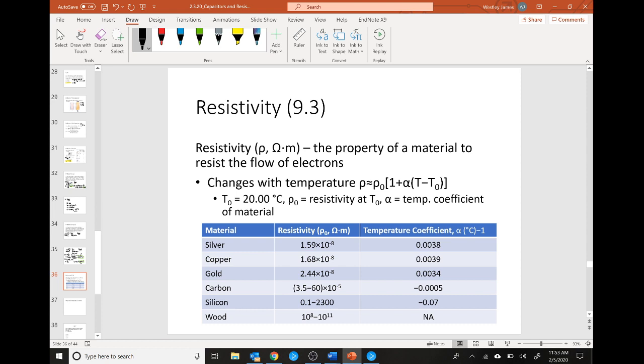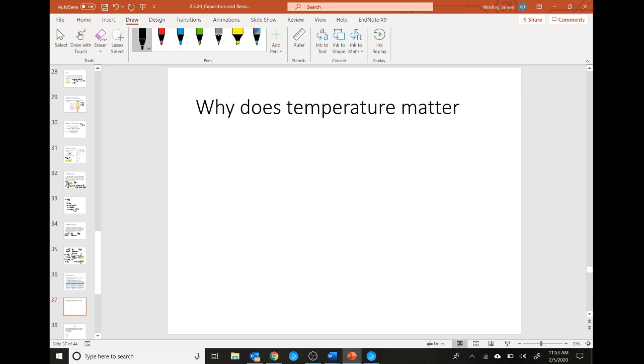That gives you the new resistivity. The resistivity is changing with temperature, and this equation describes that. That is a very common problem I'll ask you: how does the resistivity at 40 degrees Celsius compare to at room temperature? You just plug in values and figure that out.